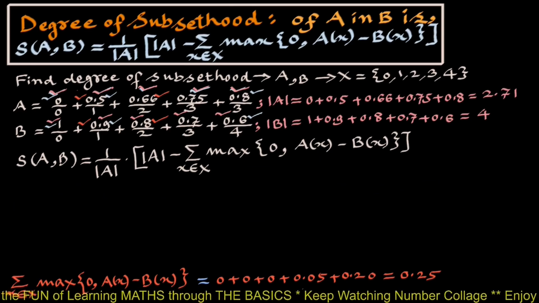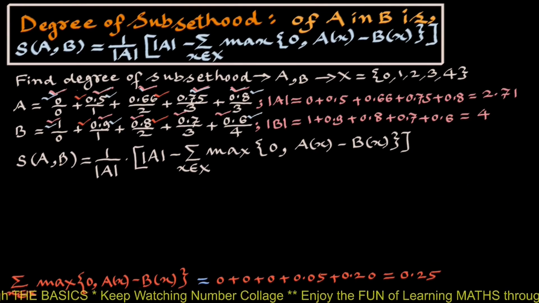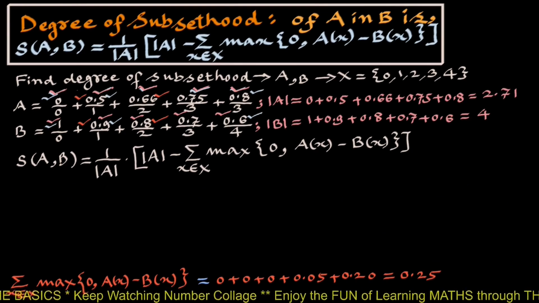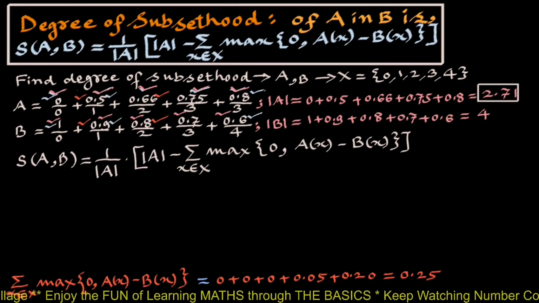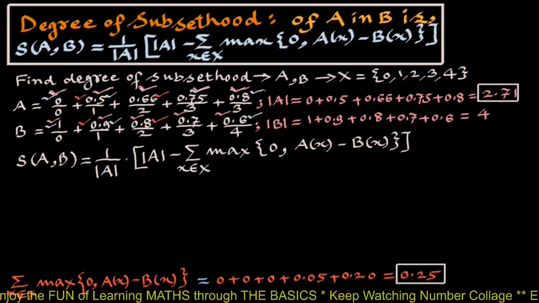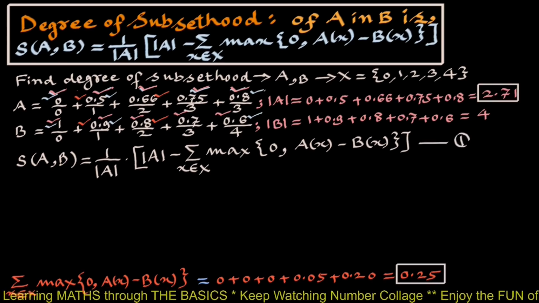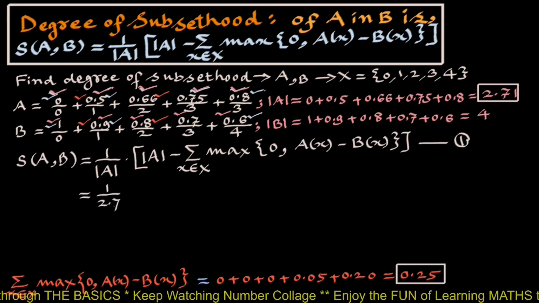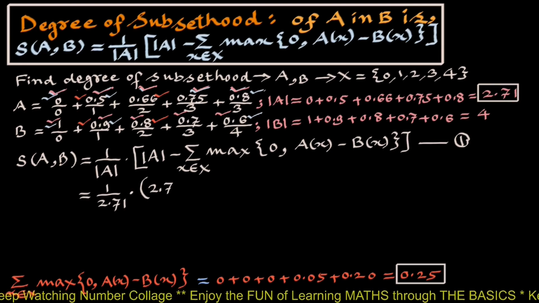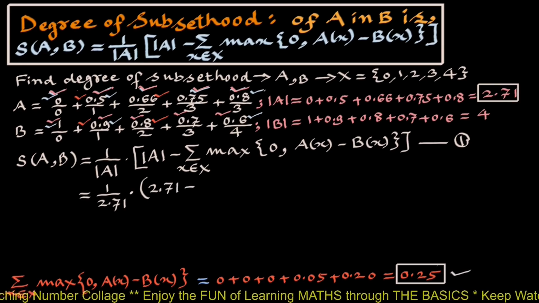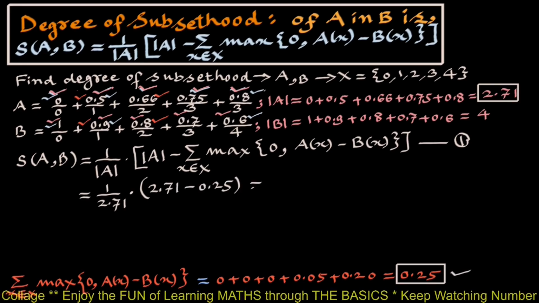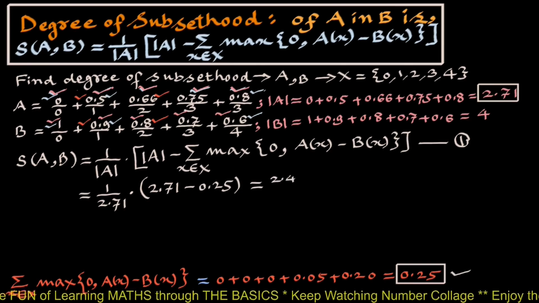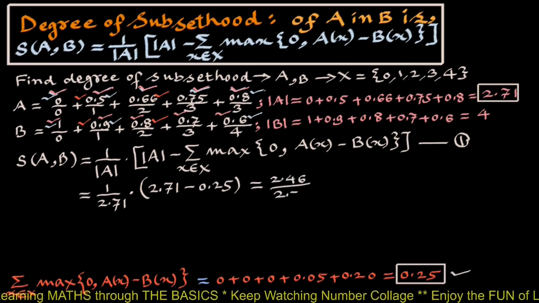Now we will substitute values of scalar cardinality of A, this one, and this value which we have just found out, in this formula, and calculate 1 upon 2.71 into 2.71 minus this 0.25, which will be 2.46 upon 2.71, 0.91.